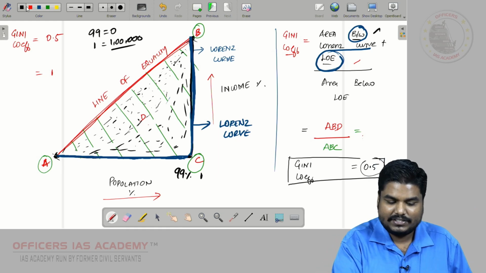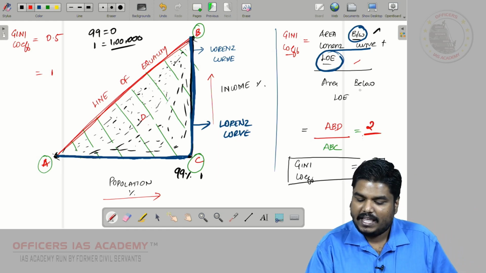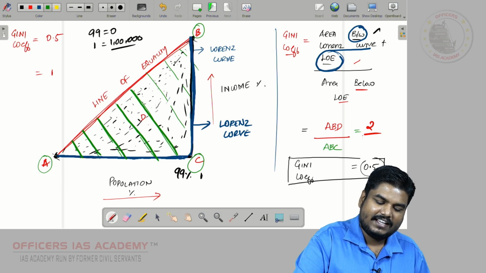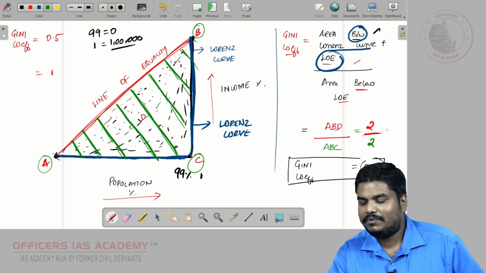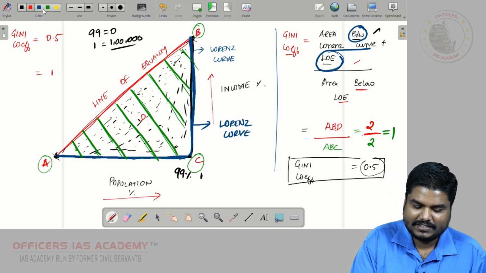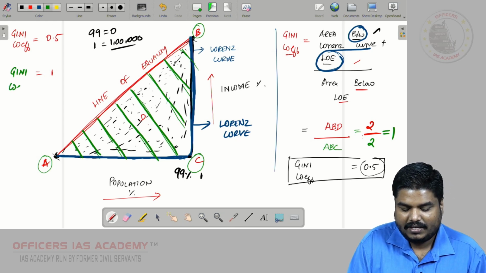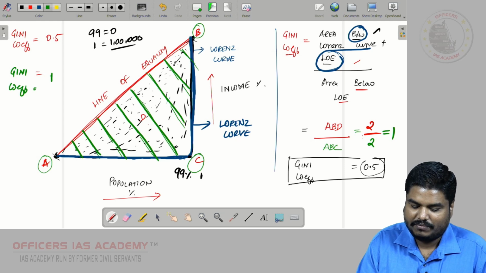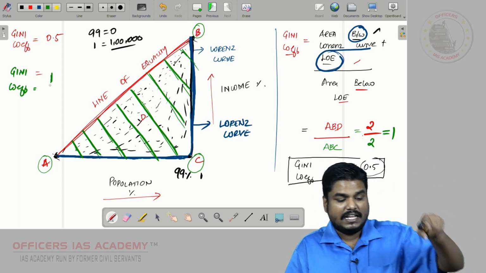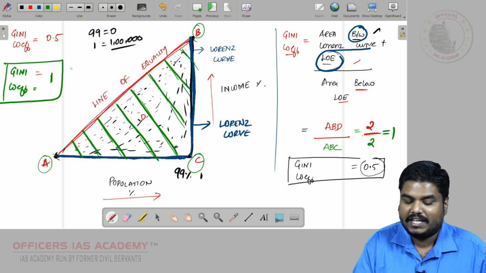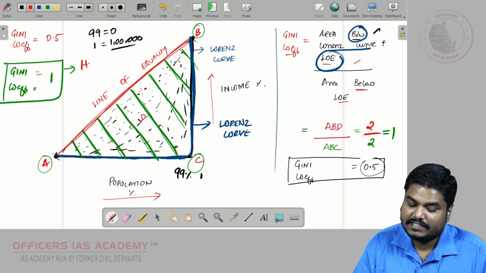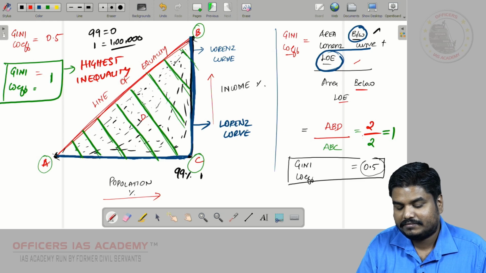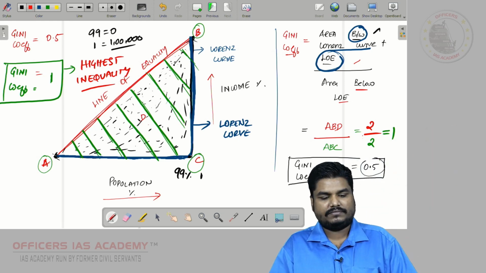The entire triangle area is 2, so it is 2 divided by the area below the line of equality, which is again the entire triangle, 2. So now I will get 1. In the second case, the Gini coefficient is equal to 1. So what we are able to understand is that when the Gini coefficient is 1, we are witnessing the highest inequality.